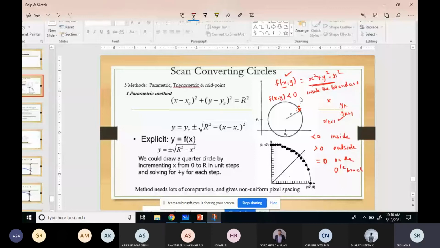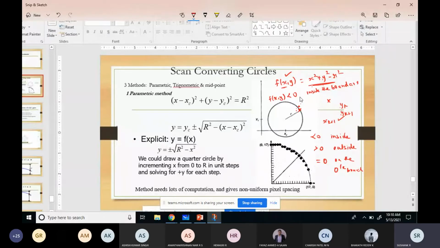So three cases are there. I told you that in the midpoint circle algorithm, two pixels will be there. So your main aim is to calculate the midpoint and to check which pixel is closest to this, and choose the one which is closer. For this, you'll define the circle function, which is x square plus y square minus r square.